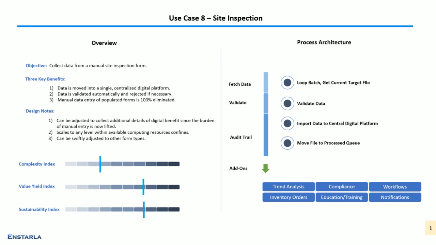The form may have taken a shape where you collected the minimum because you were catering for that burden of manual data entry. Now that we've solved that, you can collect additional things that can provide a lot of value to you.